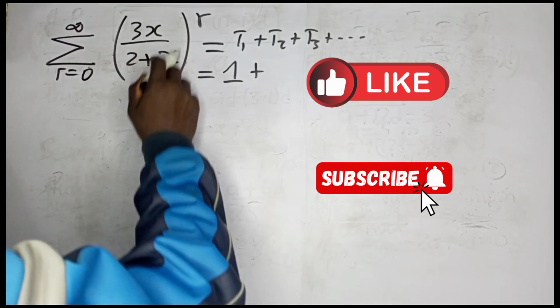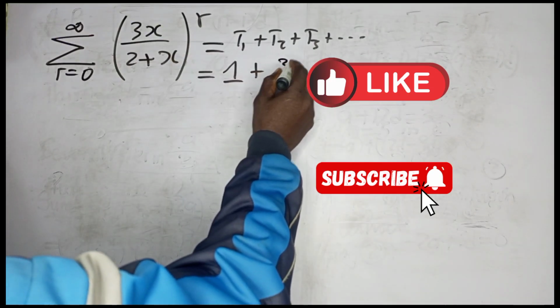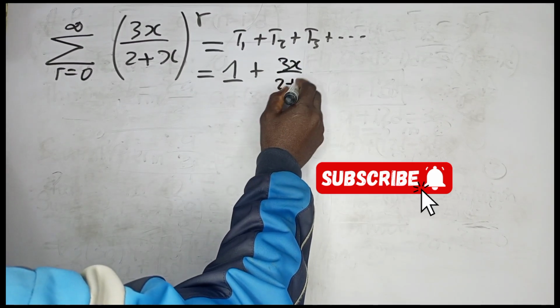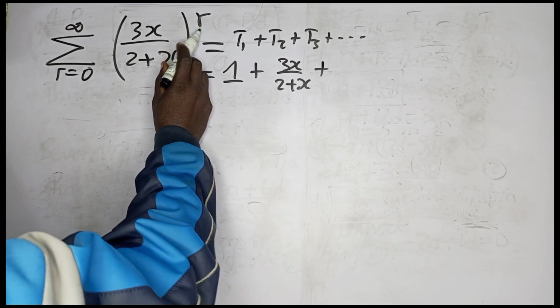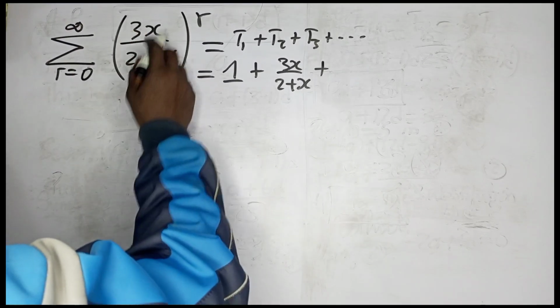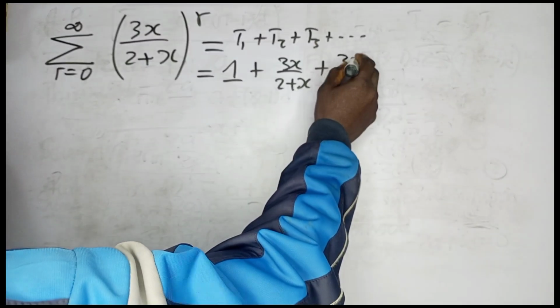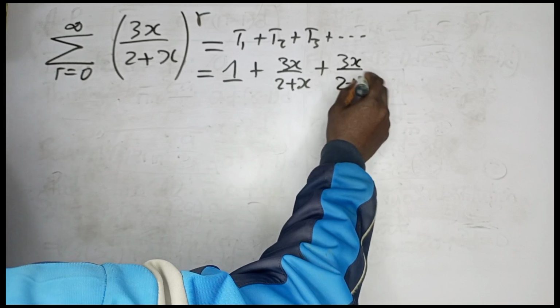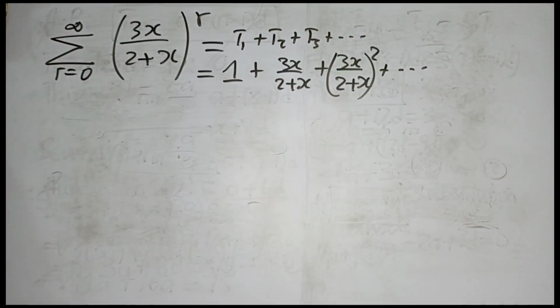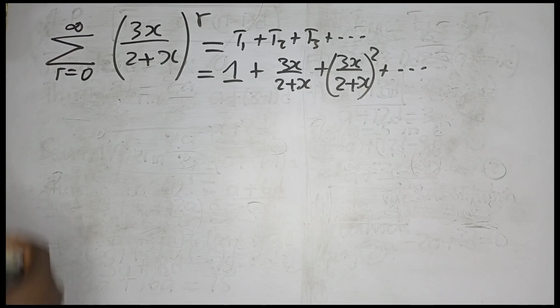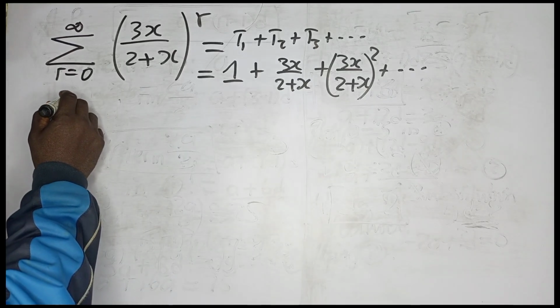Any quantity raised to the power 1 just gives us the same quantity. A third term is when r is 2, so it is this quantity squared, and so on. Now, this is clearly a geometric progression.